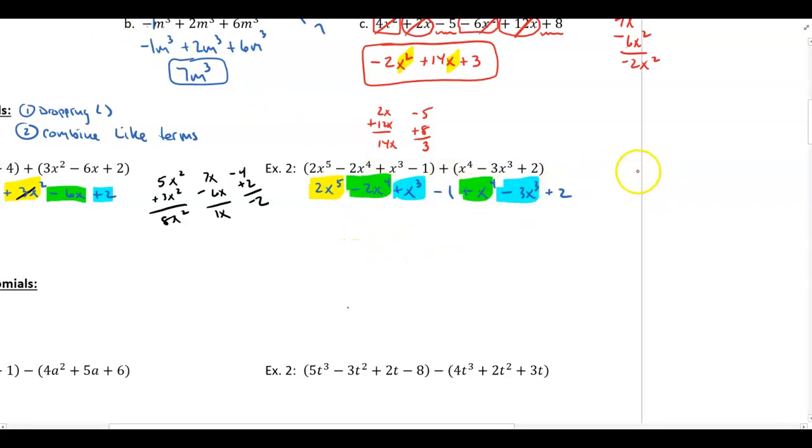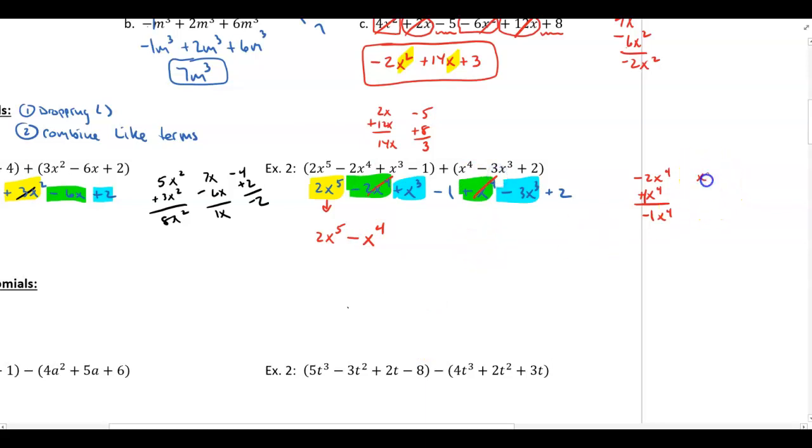So, right away, I have nothing to combine with 2x to the 5th, and I always start with the highest exponent. But now, negative 2x to the 4th plus x to the 4th gives me negative 2 plus 1, which is negative 1x to the 4th. Since it's negative, I subtract it. Cross it out, I've used it.